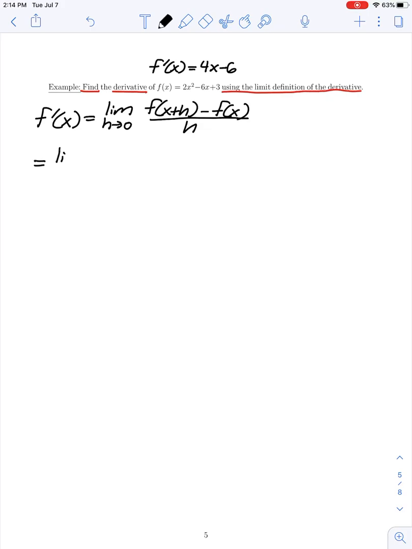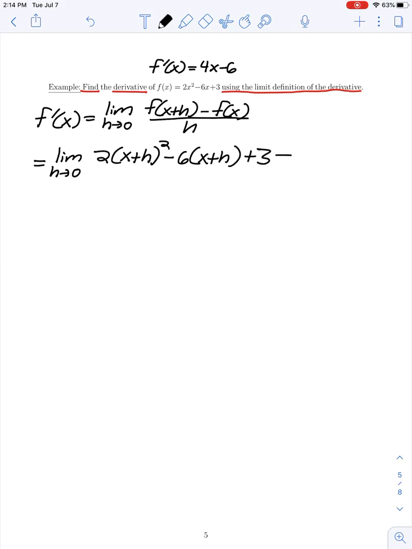So here we have the limit as h approaches 0 of, the first part of our numerator is f of x plus h. So in this example, we have 2 times x plus h quantity squared minus 6 times x plus h plus 3.